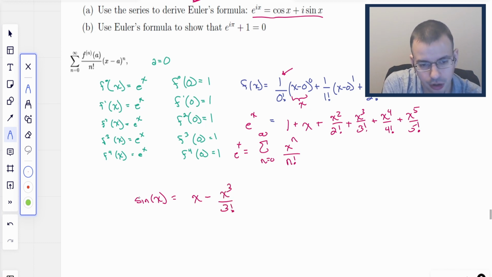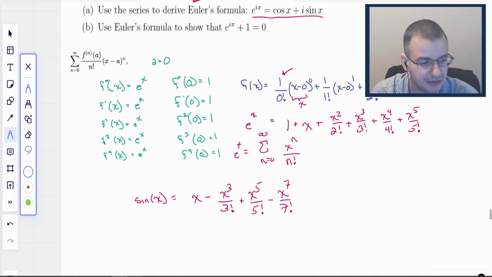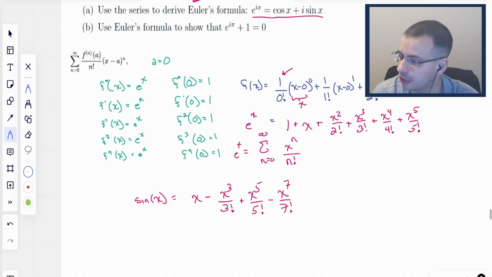So what we have is, for sine, it is the odd numbers. So we have x to the first over 1 factorial, and then it's going to alternate. So minus x cubed over 3 factorial, x to the fifth over 5 factorial, and so forth.